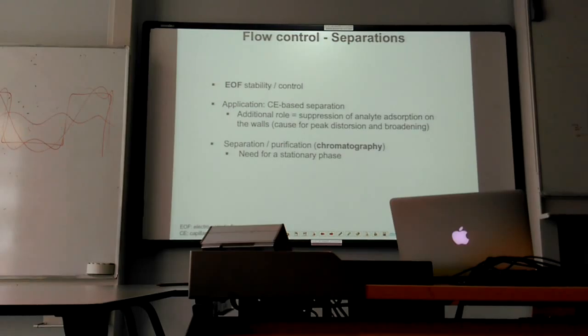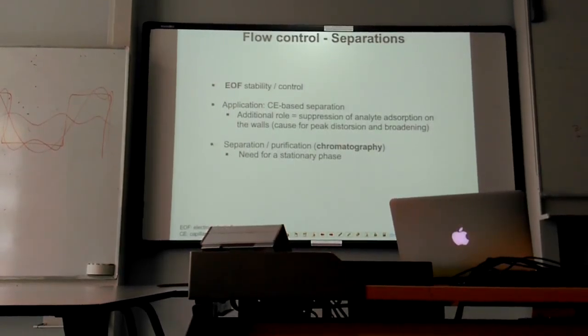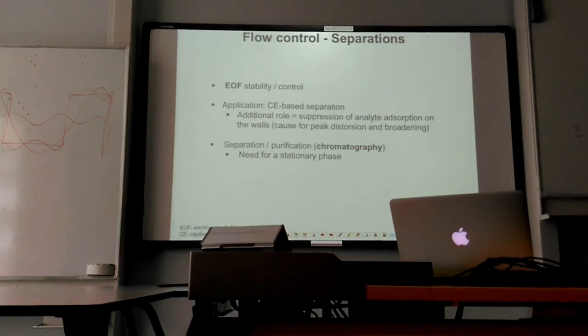So it's only when you have an electro-driven flow, using an electric field. If you just apply pressure, the surface properties have a different role, but here we will discuss electro-driven flow, yeah? Another application is capillary electrophoresis-based separation, also using an electric field.